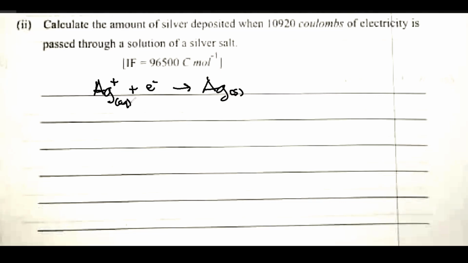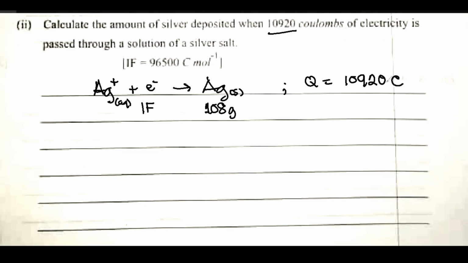Ag aqueous, fine. So what do we have here? We have 1 Faraday producing 108 grams of silver, right? So calculate the amount of silver deposited when 1920 coulombs. That's the only thing we are given here. So we are given Q.